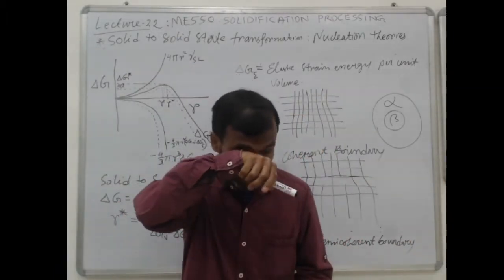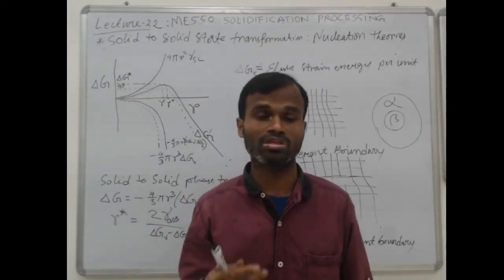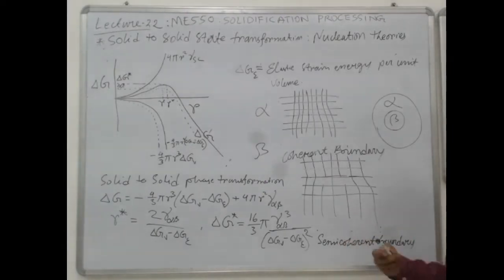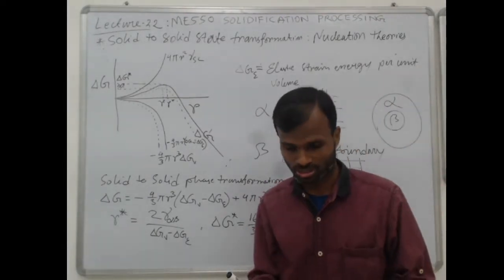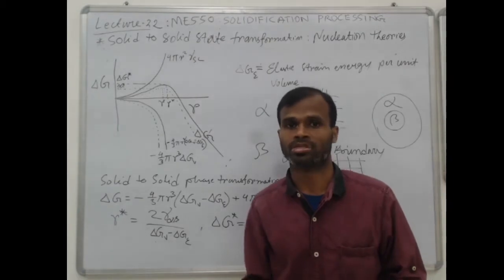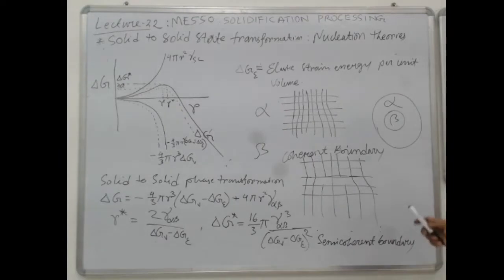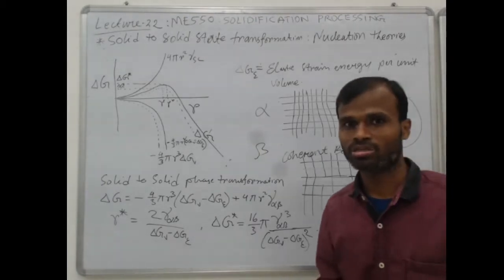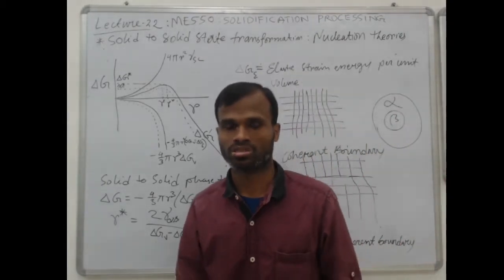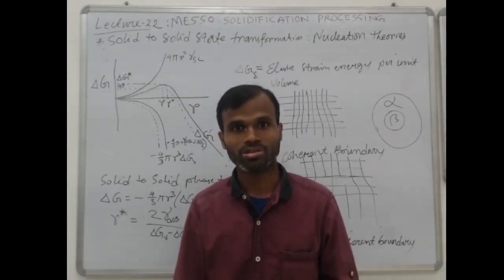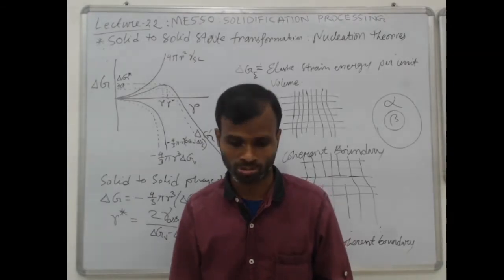So there can be different types of boundaries, and depending on whether it is coherent, semi-coherent or non-coherent, the elastic strain energy will vary. Moreover, the elastic strain energy will depend on the stiffness of the alpha phase as well as the stiffness of the beta phase. If they are similar, then this will be called a homogeneous system. If not, then this will be called non-homogeneous.